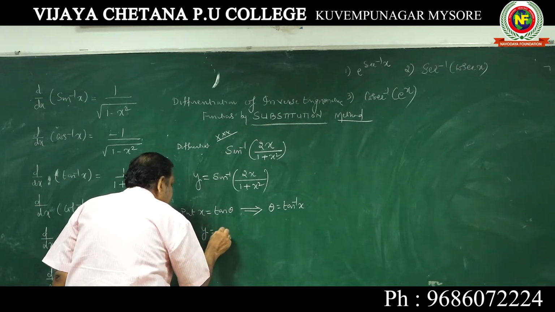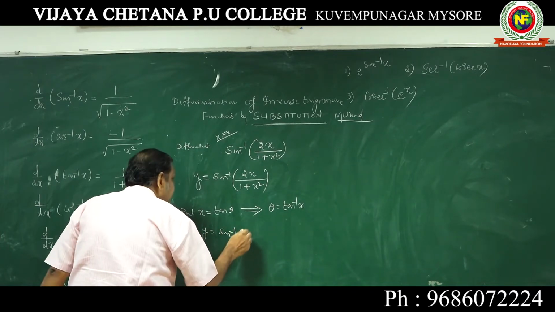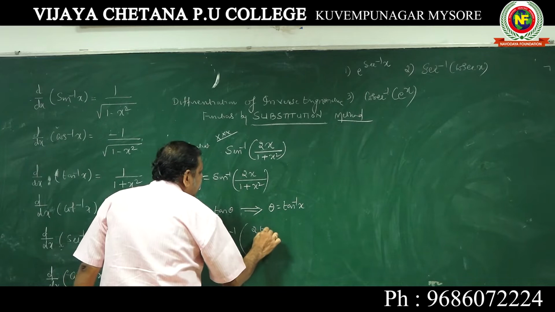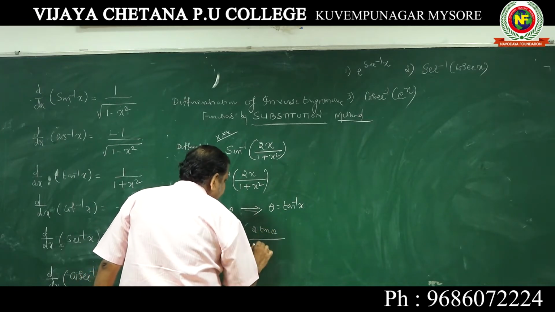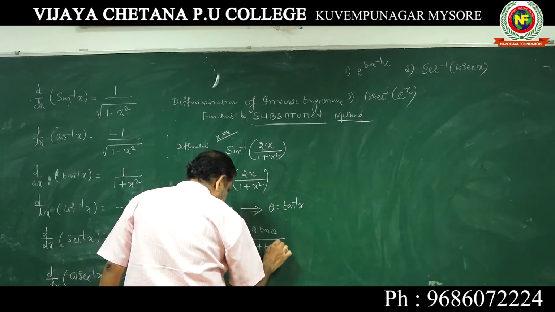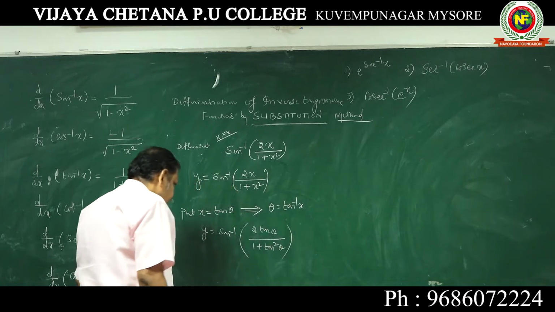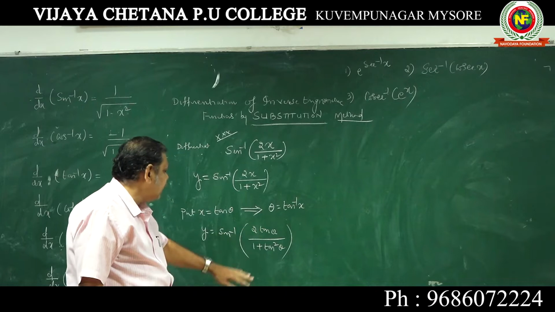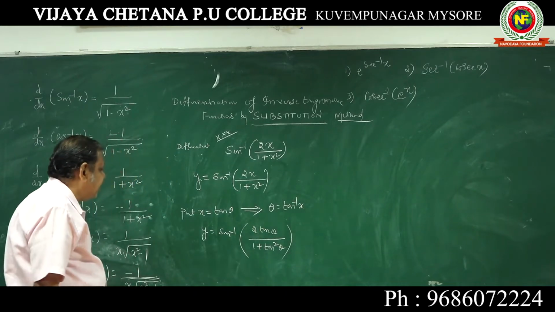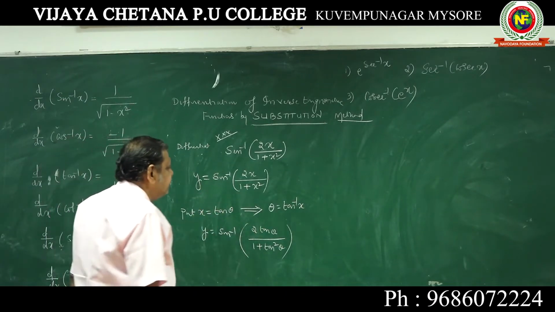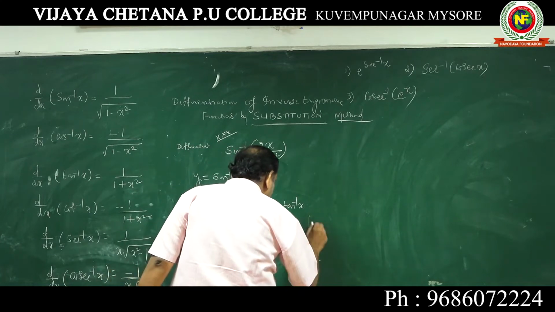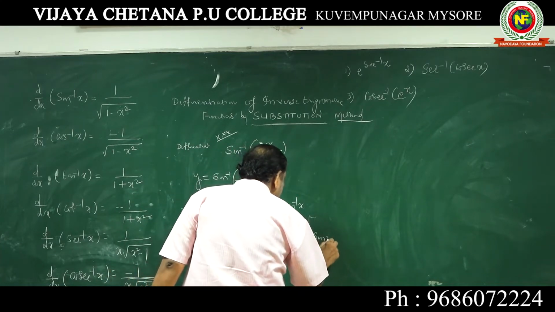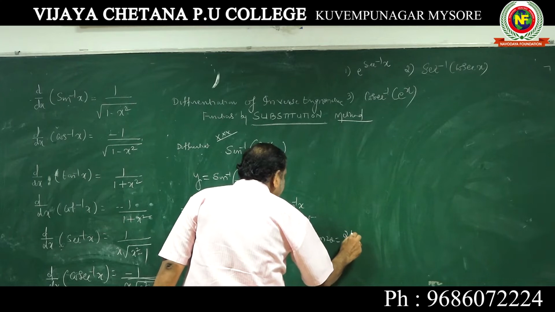Now substitute x equal to tan theta. y is equal to sin inverse 2 tan theta by 1 plus tan square theta. There is a formula you should note: sin 2 theta is equal to 2 tan theta by 1 plus tan square theta.